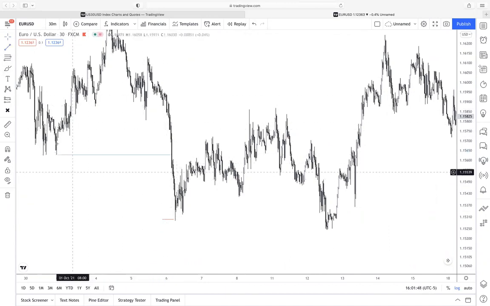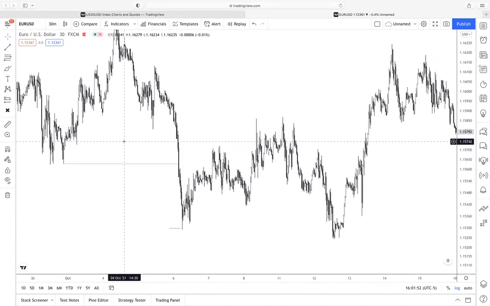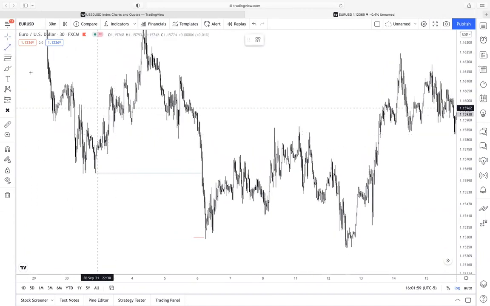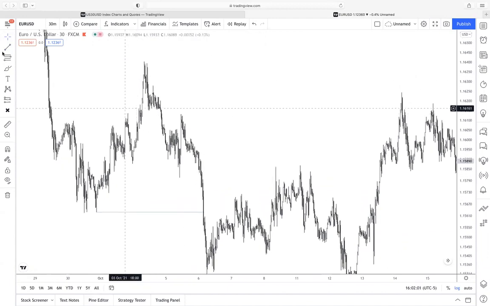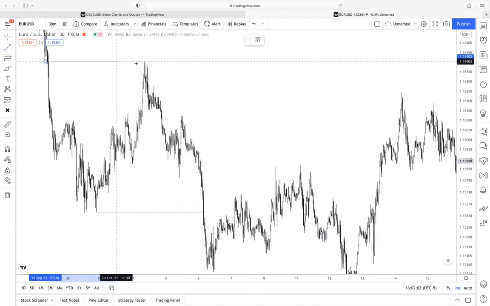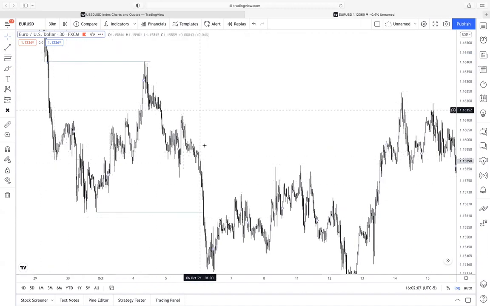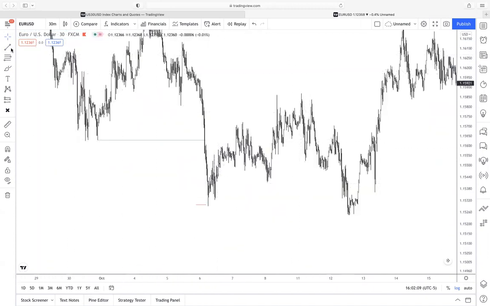So this move down ran liquidity, and it ran external liquidity. Now, how do we know this was external liquidity and not internal? Because this is this trading range. So we can see how price is playing all in this range, and now we're coming and forming what? A new range.